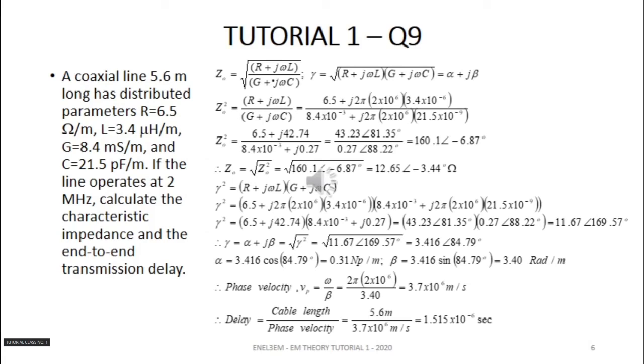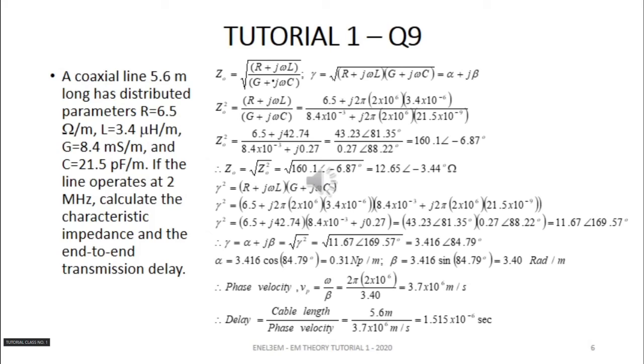Okay, so first of all, we have to determine the characteristic impedance, which is given by Z naught is equal to square root of (R plus j omega L) over (G plus j omega C).